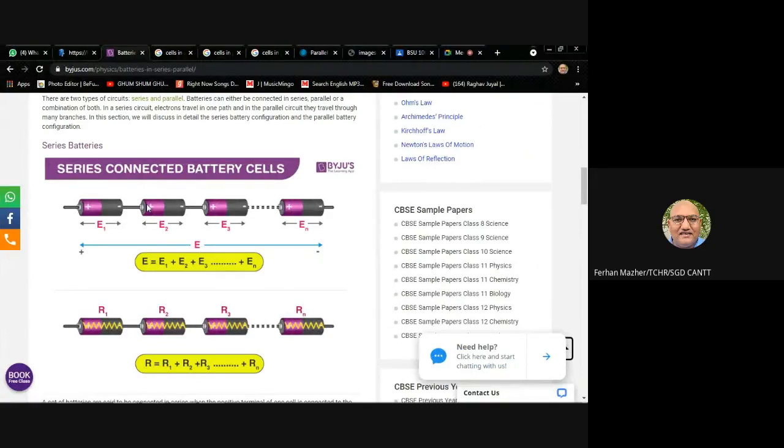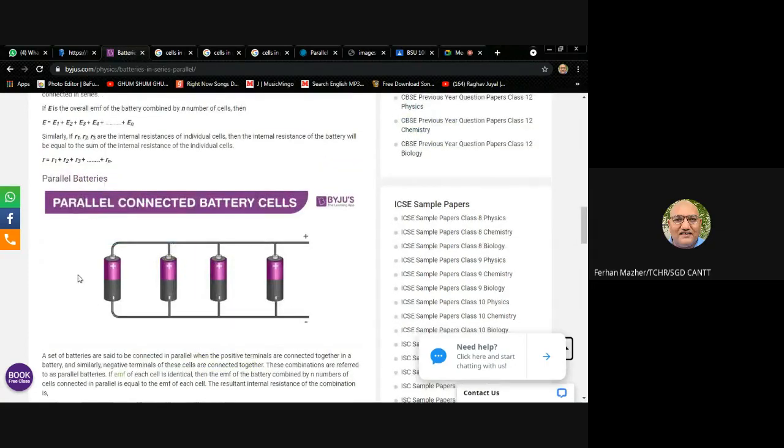That's the last few lines which I want to say. So when the EMFs add up, you will have a larger EMF of the combination. That's a benefit. But what happens when you connect them in parallel?